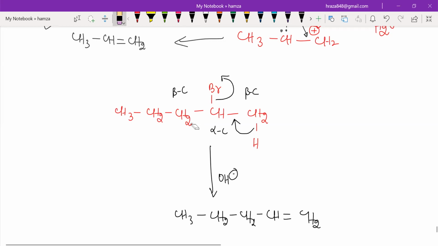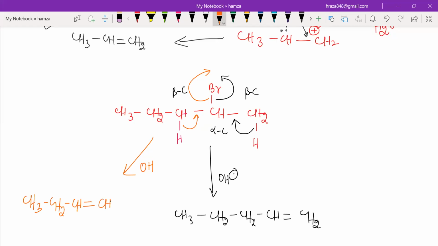Now there is another possibility. You can see there is beta hydrogen in the presence of OH minus. What happens here? This will come to this and this will eliminate, giving CH3 CH2 CH double bond CH and then CH3. Got it, Nafisa?